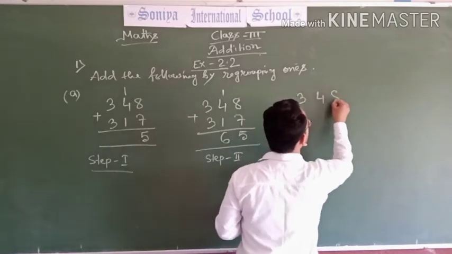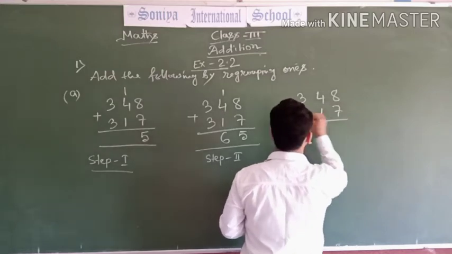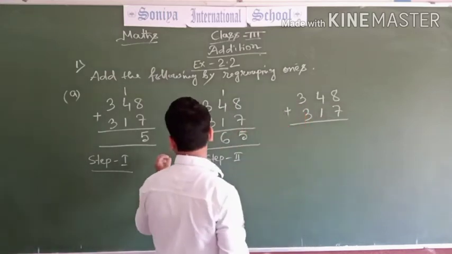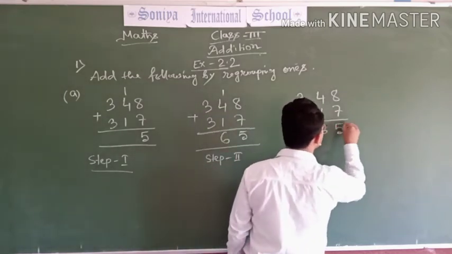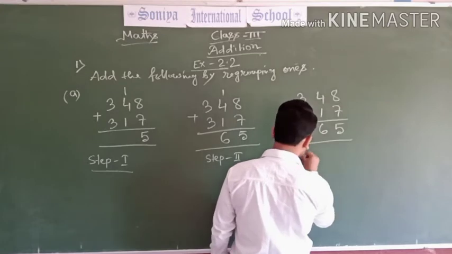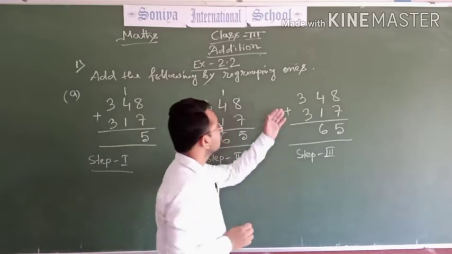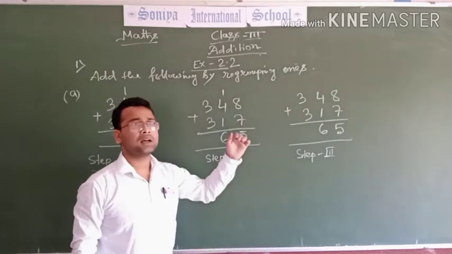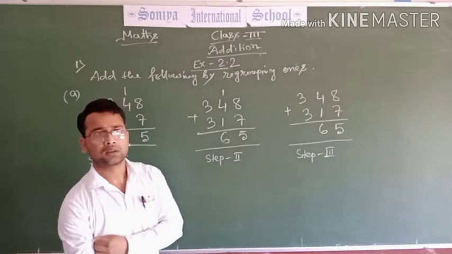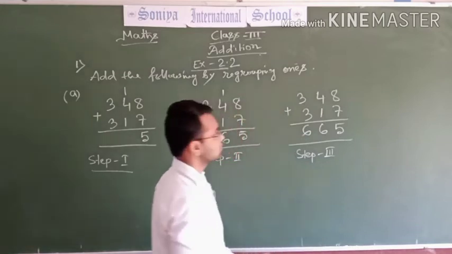Next is step 3. 348 plus 317. We got 6 and 5 from step 1 and step 2. In step 3, add all the hundreds places. 3 and 3 is equal to 6.